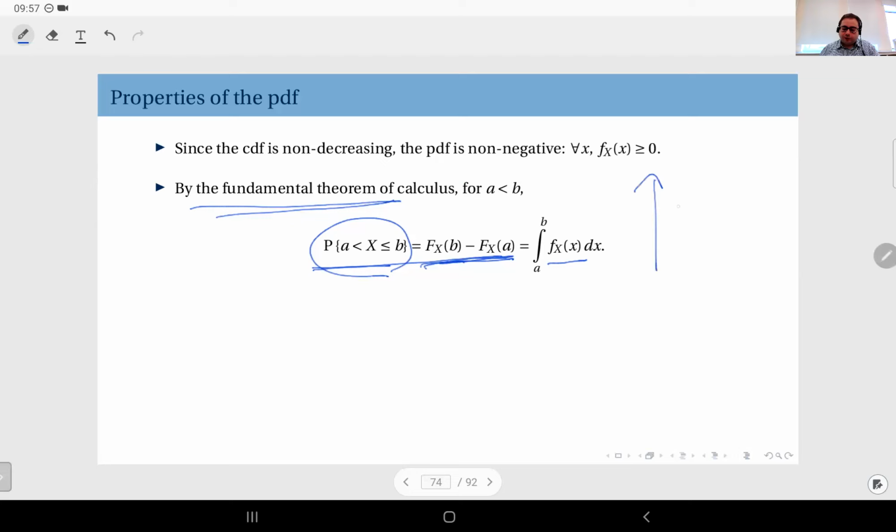So for instance, if you have a PDF, let's say something like this, from a to b, this area here is going to give you the probability that the random variable is between a and b. But recall, in the most general sense, this is for a strictly less than x less than or equal to b. Okay, so the integral from a to b of the PDF gives this probability.